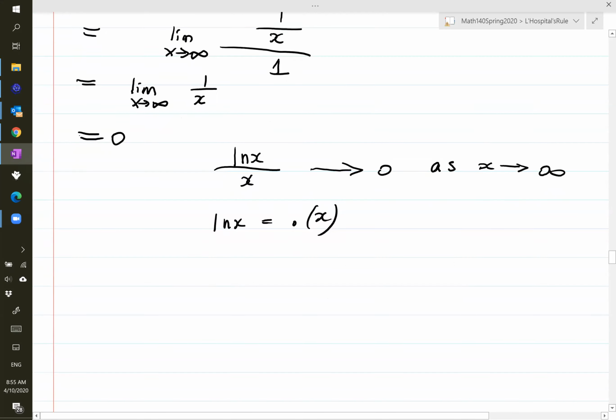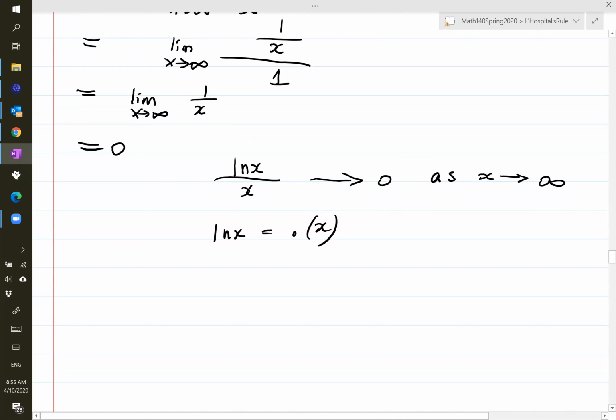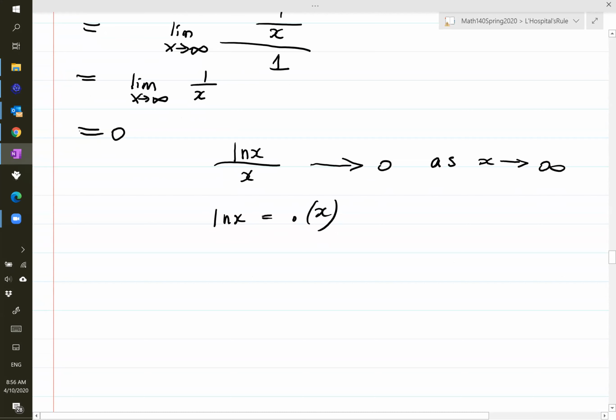The logarithmic function turns out to increase really slowly, slower than any polynomial.